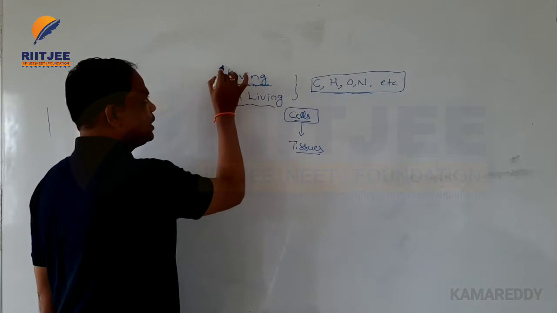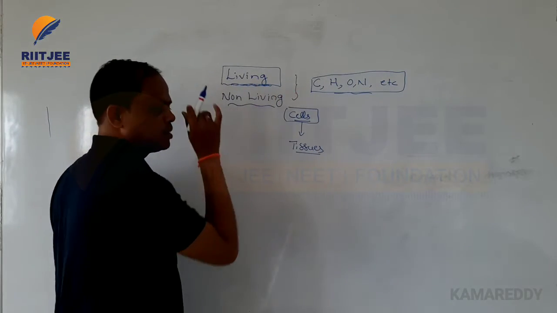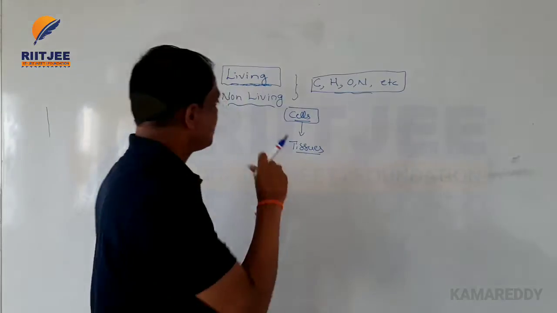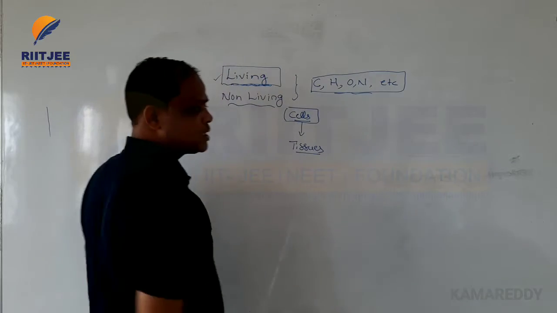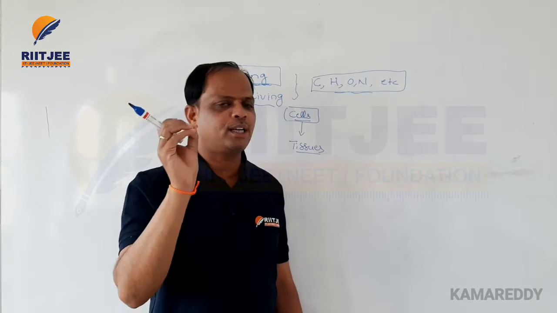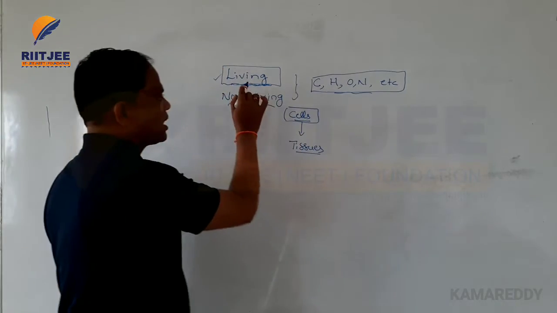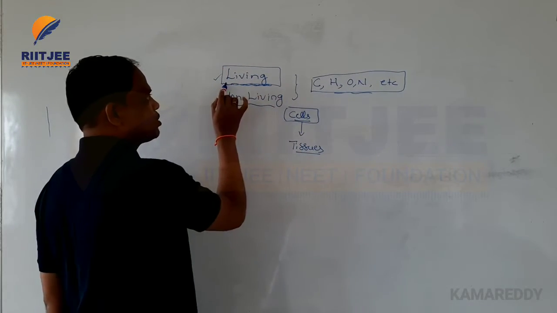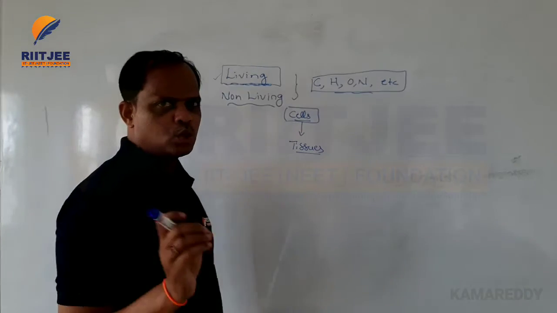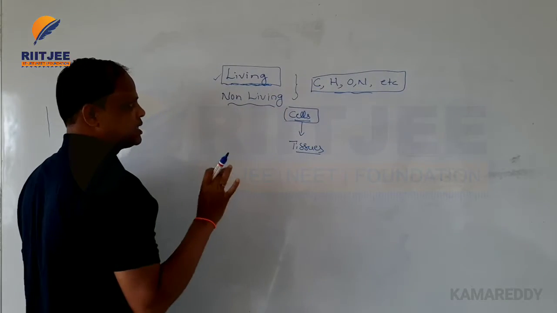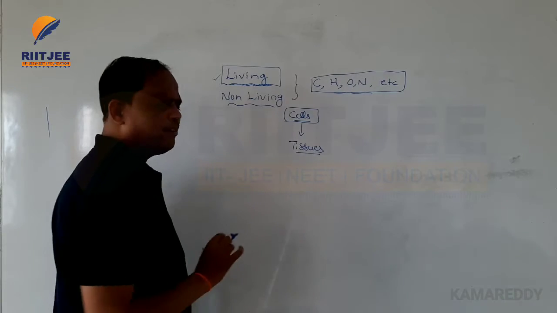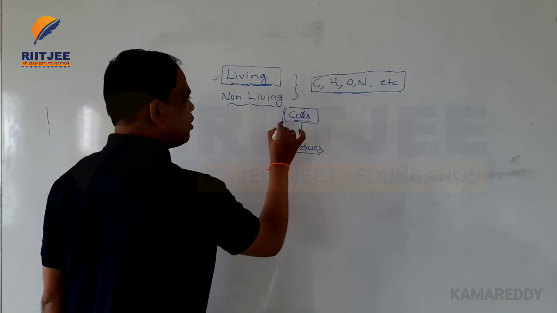That is also called life process. Yesterday we discussed that a living organism is motile and can perform various types of metabolic functions. Non-living organisms cannot do those functions. So all living organisms are made up of cells.